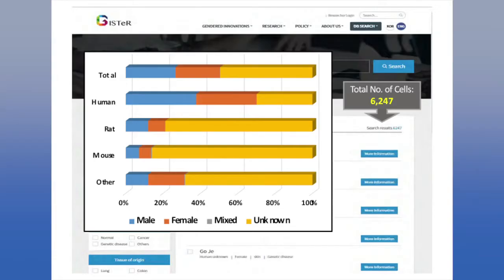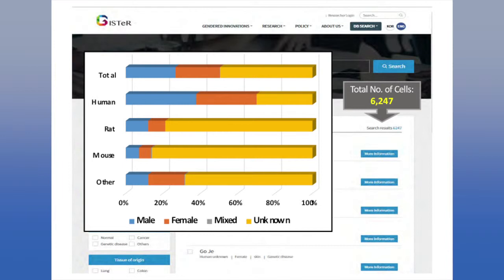So this is our database site. The total number of cells included in this database is 6,247 as of this month.